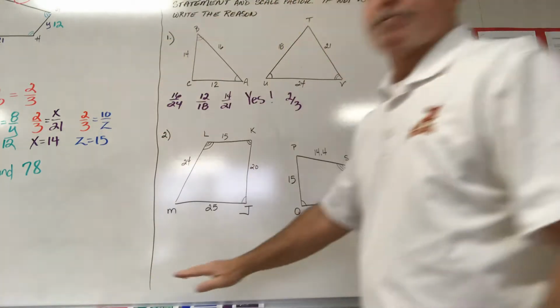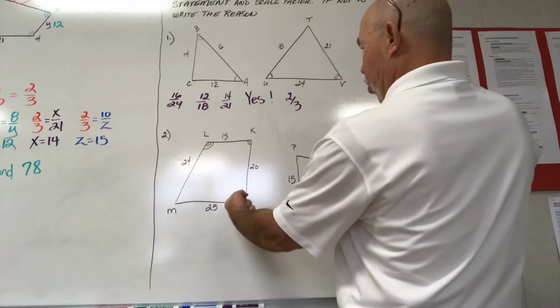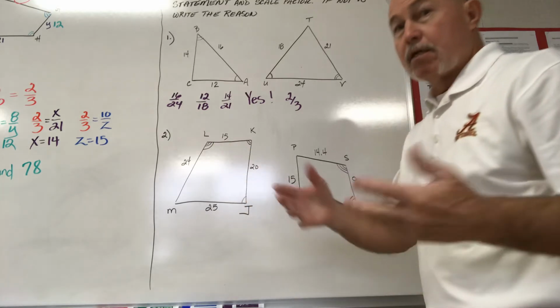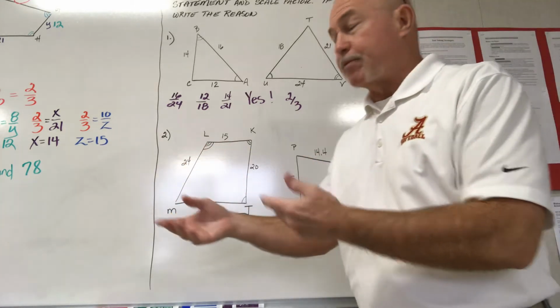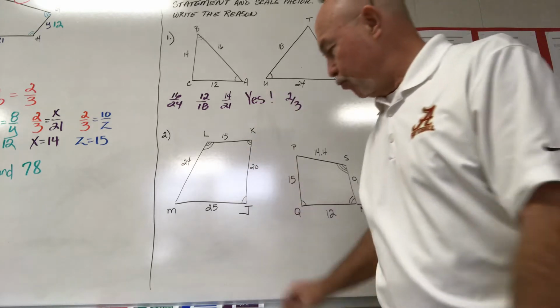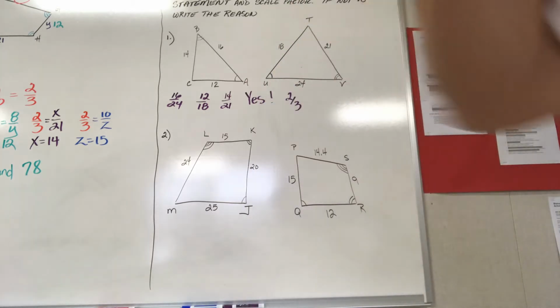Okay? Now, we look at this. 1s, 2s, 3s, four-sided figures all add up to 360, means that and that have to be equal to each other. Okay? I'll go ahead and use the green on this one.